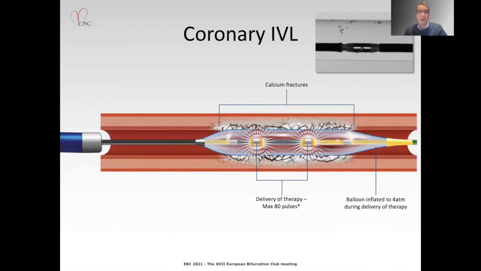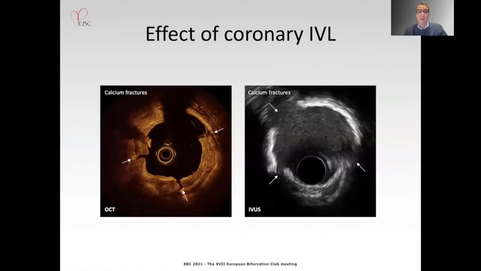When the waves impact the calcium at nearly 50 atmospheres, they create a series of microfractures and make the vessel more compliant. Here you can see the effect of lithotripsy in OCT, where you can see the microfractures, or in IVUS.